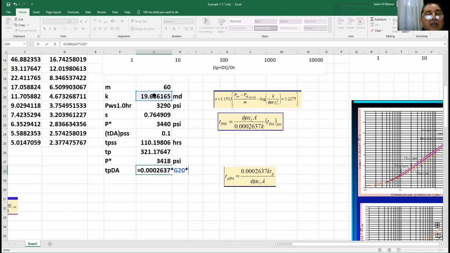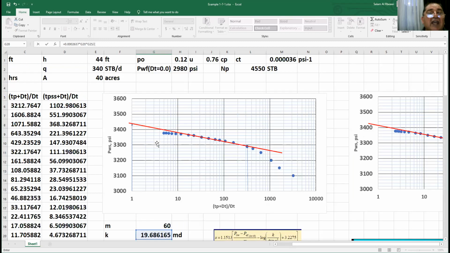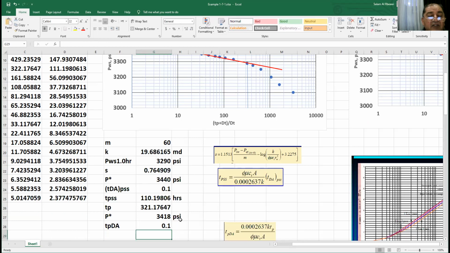Times tp, and tp in this case will be tpss. Divided by phi mu ct A, times 43,560, and you are done. So this is your tDA.